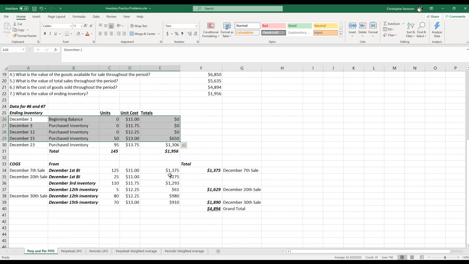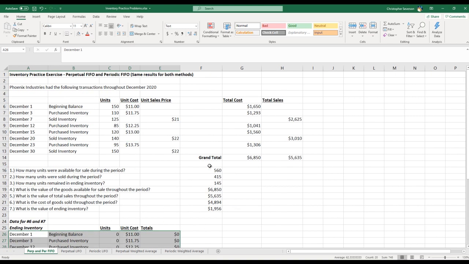The thing is, with FIFO, those later layers that are just now added don't really matter anyways, because we're always using the oldest ones and moving forward. That's why FIFO perpetual and FIFO periodic end up with the same result. So that's one thing to keep in mind.